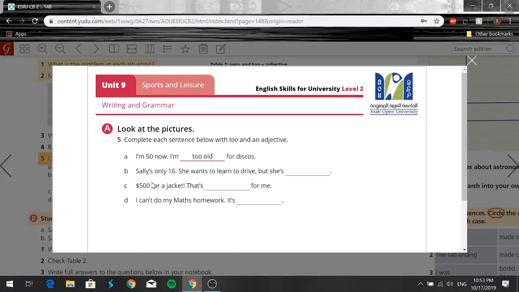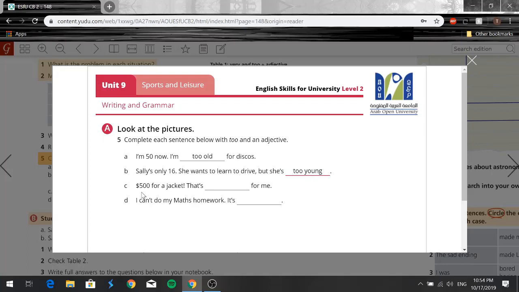B, Sally's only 16, she wants to learn to drive, but she's dash. We'll say, too, again, and we'll say young, okay? But she's too young. So here too means that because she's young, that implies that this is causing problems. Because of her young age, she can't learn how to drive, okay?